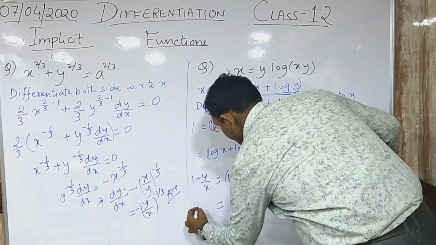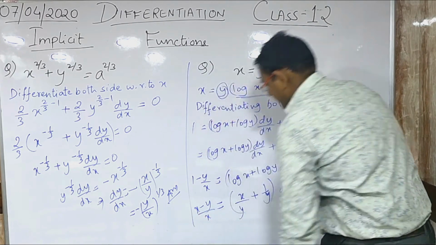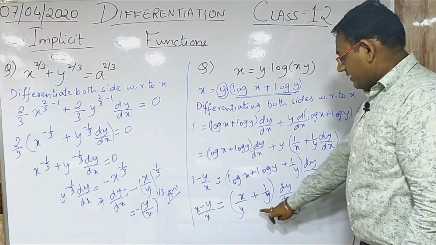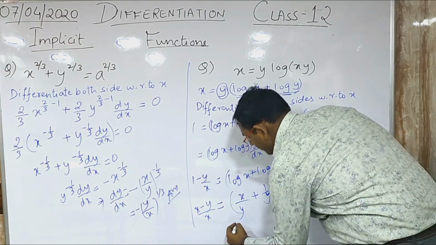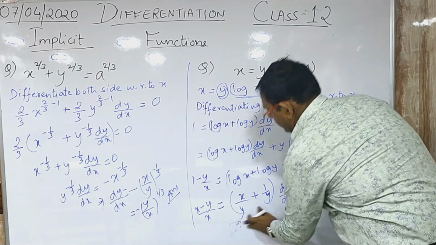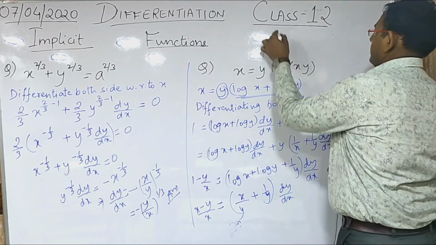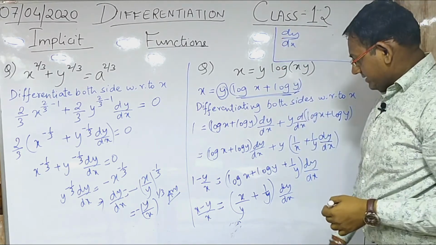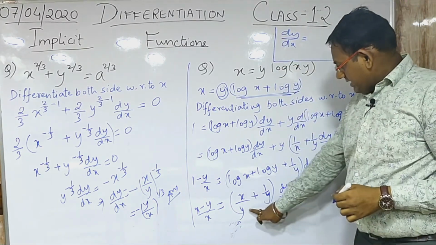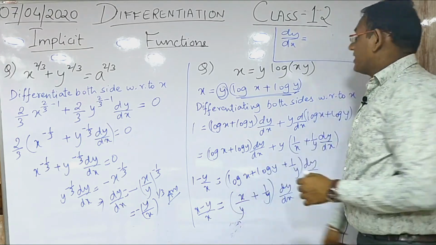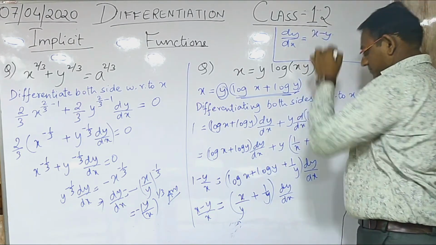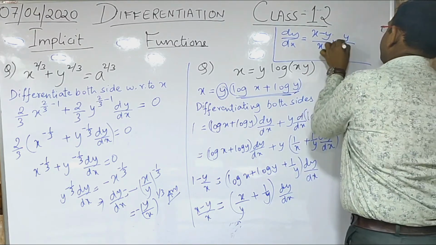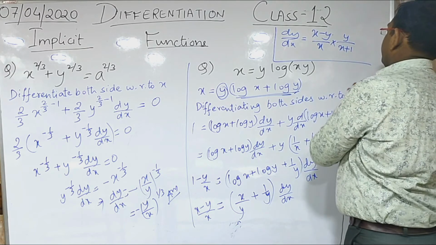If we simplify this, we are getting minus y by x equals x by y plus 1 by y dy by dx. Now if we take the LCM, we are getting x plus 1 over here divided by y. So from here, after doing the cross multiplication, we are getting dy by dx is equal to minus (x minus y) divided by x into (x plus 1) over y.